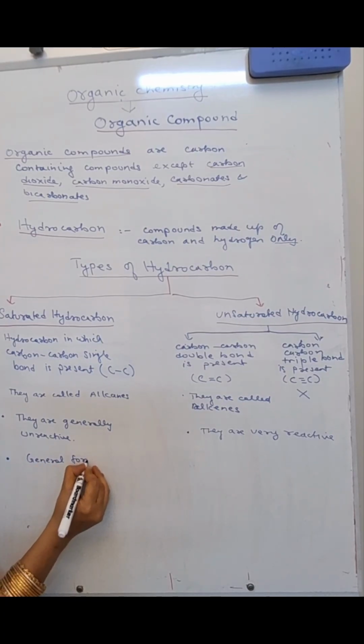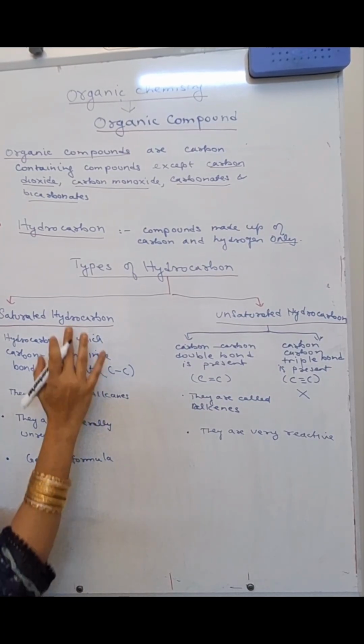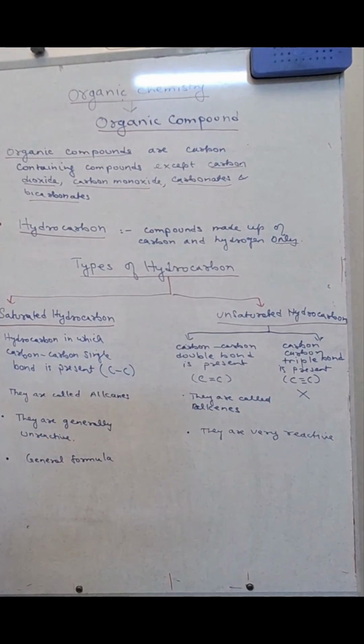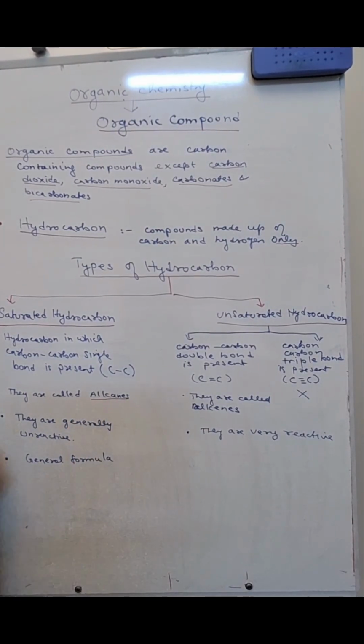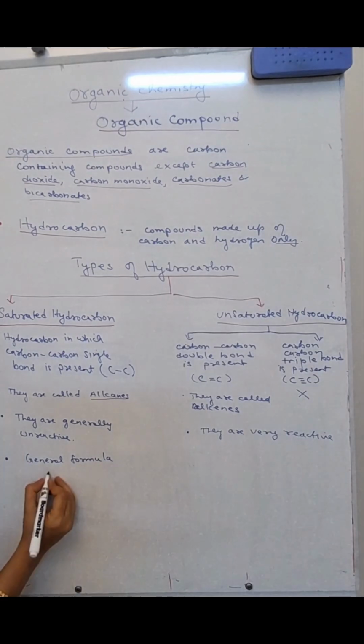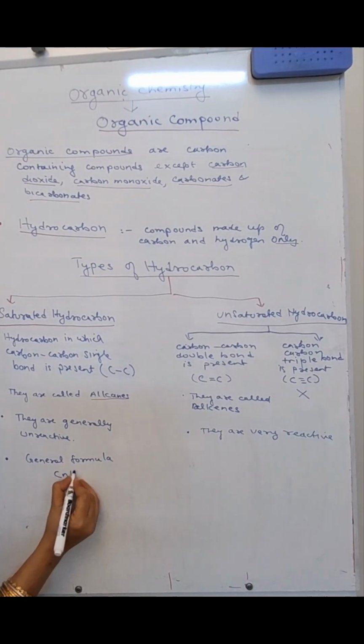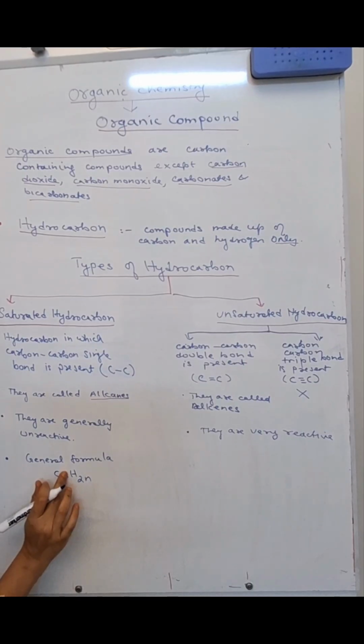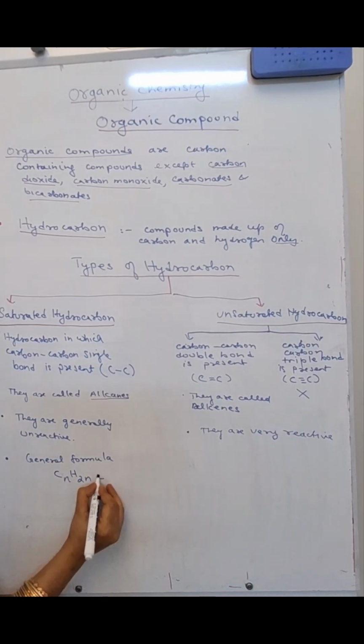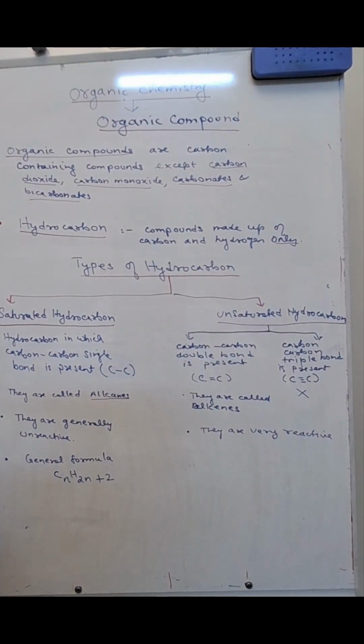The general formula for saturated hydrocarbons, or we can say for alkanes, is CnH2n+2.